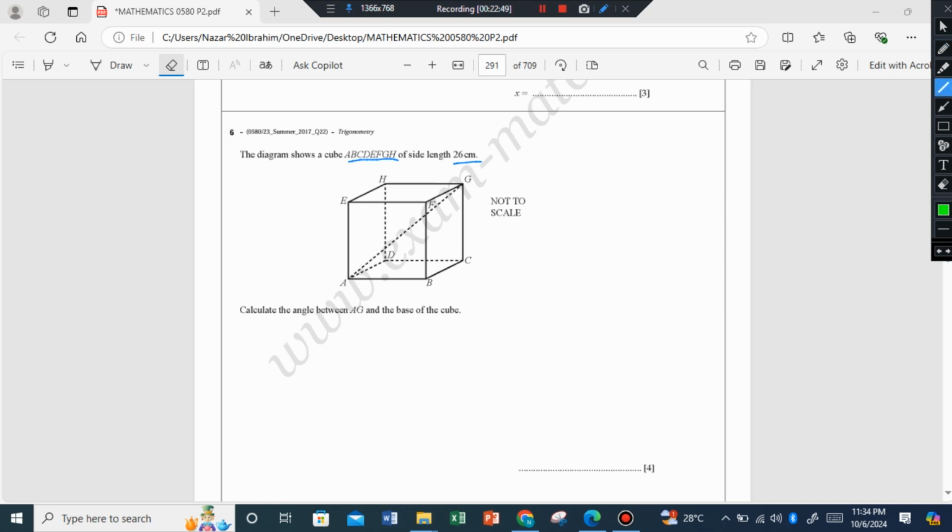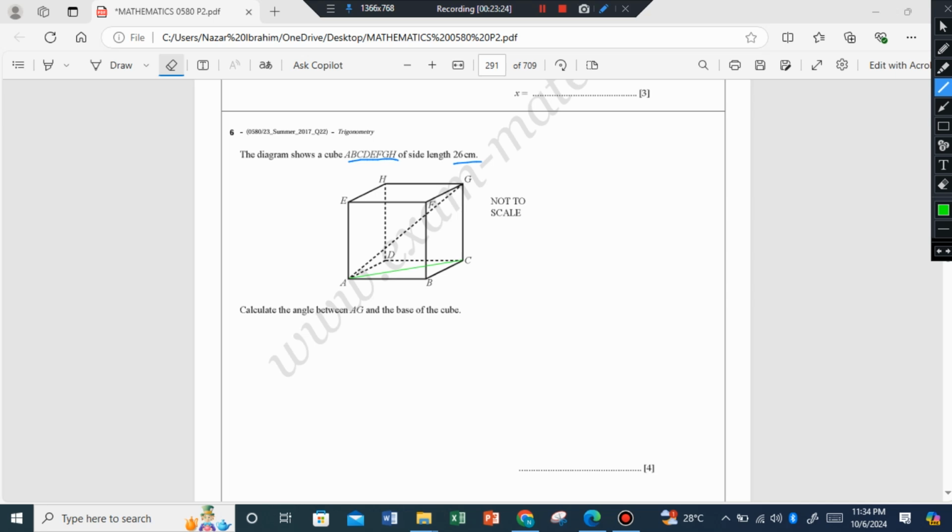Again, you see the base of the cube, which you can see over here, is this part, A, B, C and D, right? So I want to find the angle between the line AG, which is this dotted line, and the base of the cube. So for this I will make a line from here to this part.